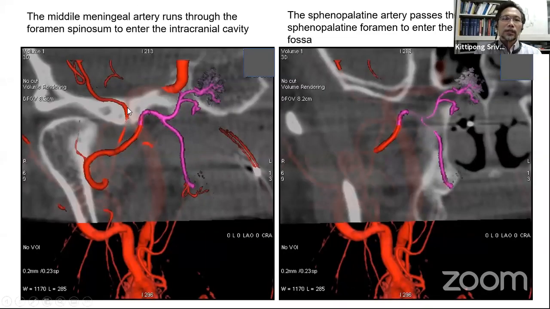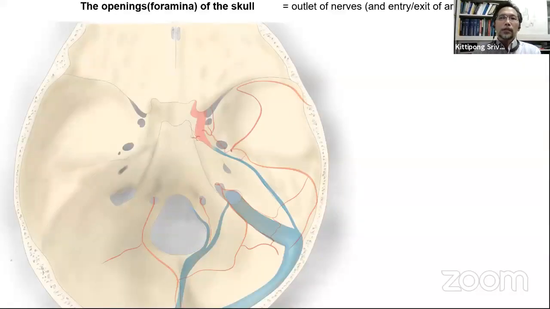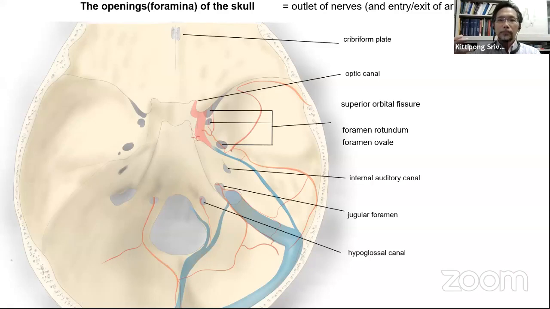For example, if you see the middle meningeal artery, you will know it has to enter the skull through the foramen spinosum. And to reach the nasal septum and the nasal concha, the artery has to go through this sphenopalatine foramen and so on. Okay, so the foramina, the openings of the skull, are very important for you to have as a background to understand all the branches that enter the skull.